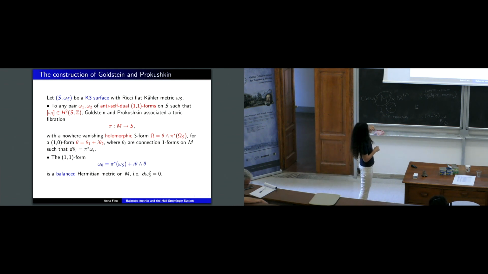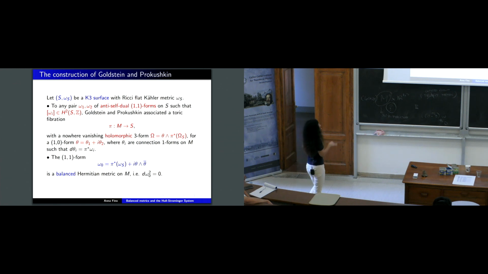And essentially what happens is that you have this connection one-form such that the differential of the connection one-form, that's just Chern-Weil theory essentially, is the pullback of omega I. And so the complex structure is such that the fibration is holomorphic, and you have in a natural way a holomorphically trivial bundle, because you just take theta, a 1-0 form, and then you wedge with the pullback of the 2-0 form, big Omega S, that you have in the K3 surface.